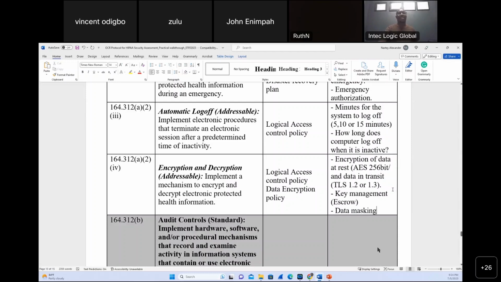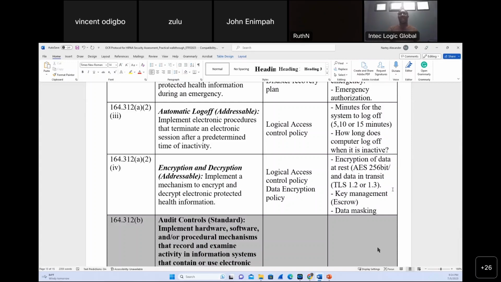And data in transit, when the data is being moved from one end to another, it has to go through what we call TLS, right? So we'll learn about transmission security when we get to it. I'll share a document with you, maybe tonight, and you see various types of transmission security that protect data.